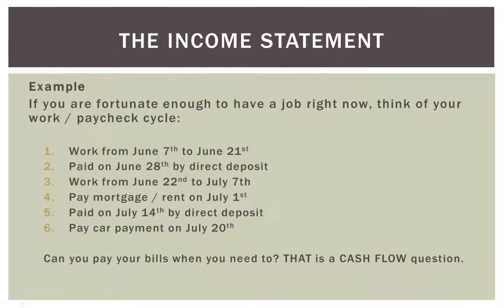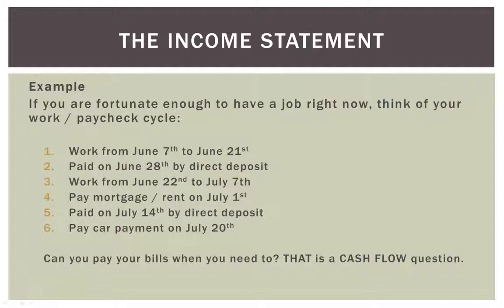So let me use an example we are all familiar with in our personal lives. If you are fortunate enough to have a job right now, think of your work and paycheck cycle. Let's say you work from June 7th to June 21st, and then you are actually paid on June 28th for those 2 weeks by direct deposit.